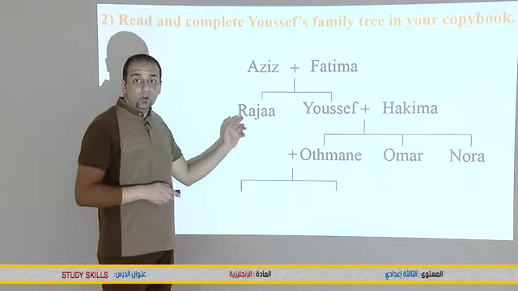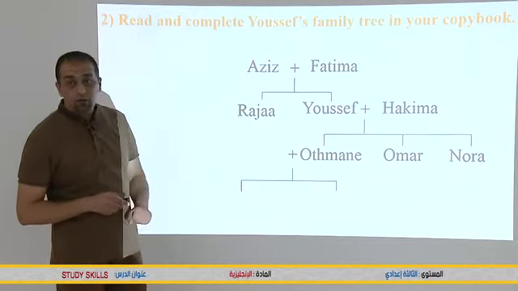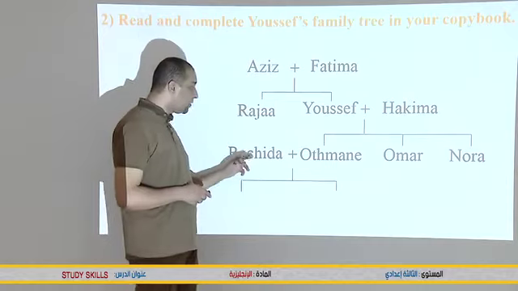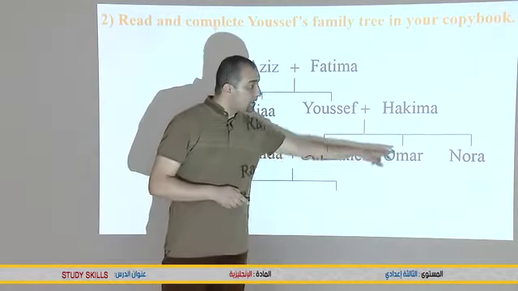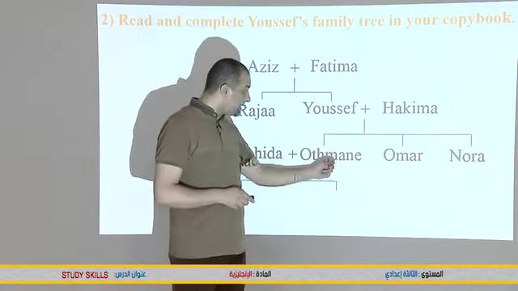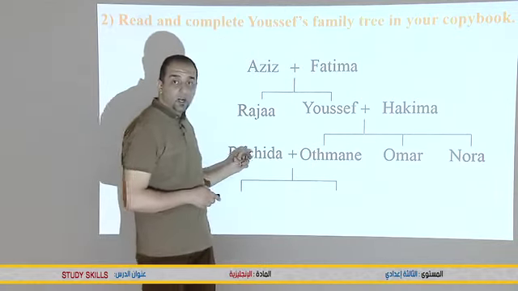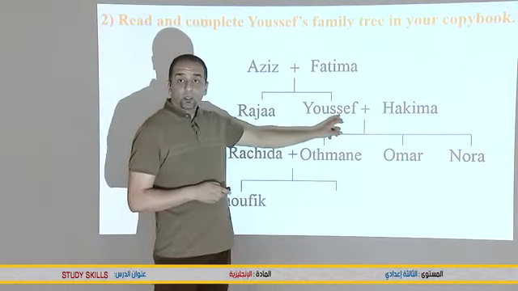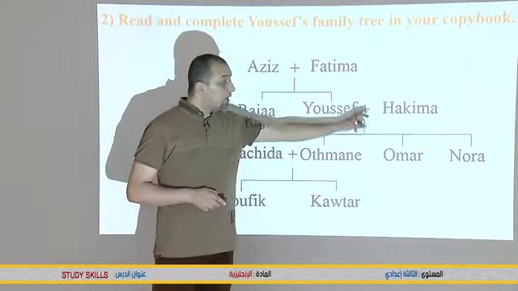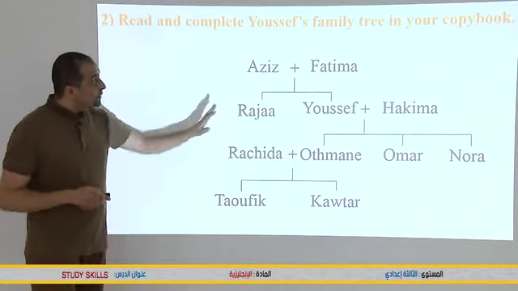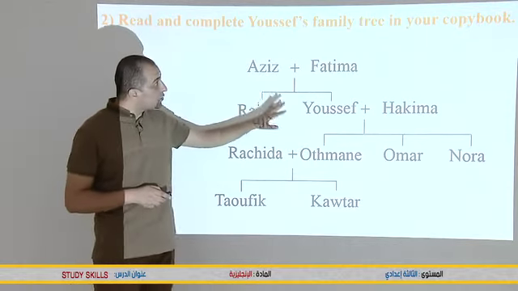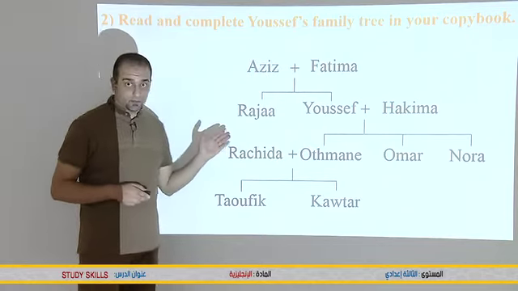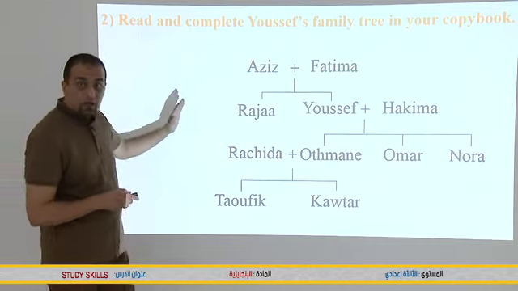I have a sister called Raja, so here is the place of Raja, the sister of Yusuf. Uthman's wife is called Rashida because one of his children is married, who is Uthman. So Uthman is married to Rashida. After that, Tawfiq is the grandson and Kautar is the granddaughter of Yusuf. So now, here is the family tree of Yusuf complete. Now, let's have time to make sure that you have the correct answers.